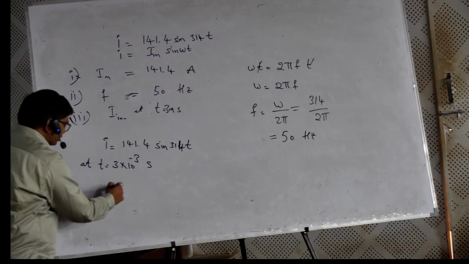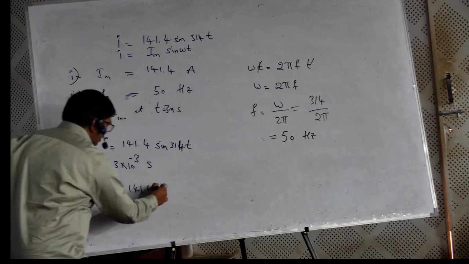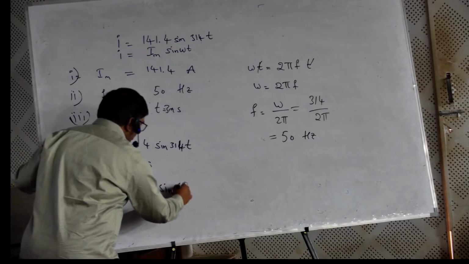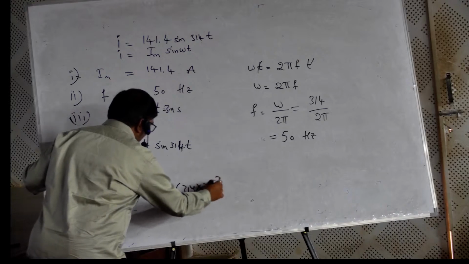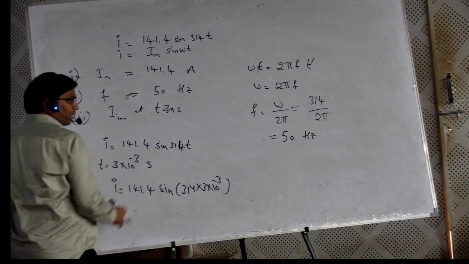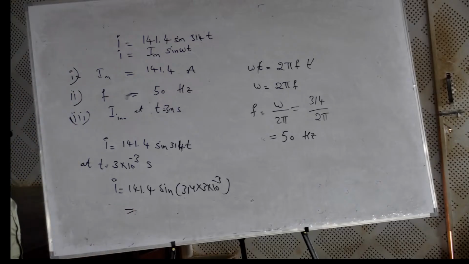Substitute this in the equation. I is equal to 141.4 sin of 314 into 3 into 10 to the power minus 3. Milli means 10 to the power minus 3 or 1 by 1000.